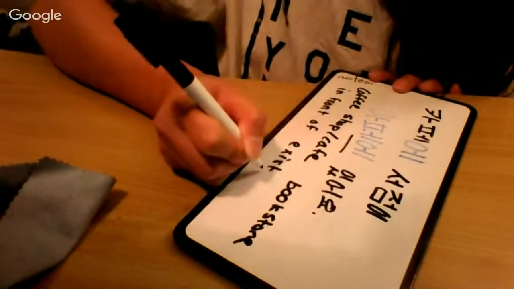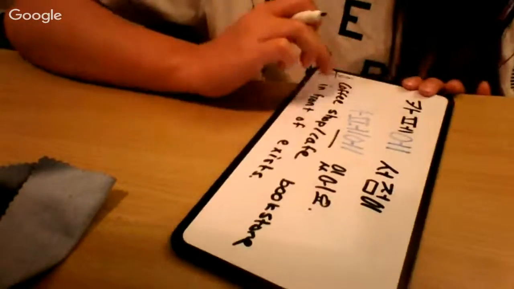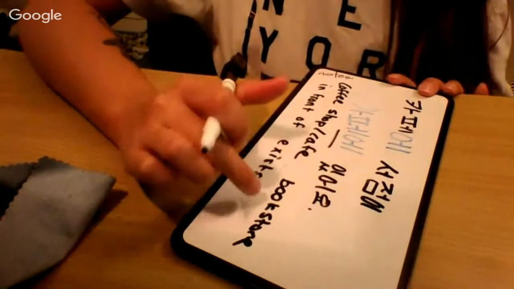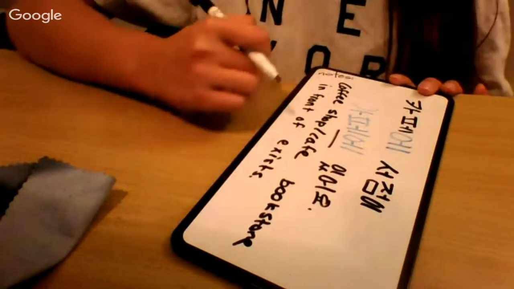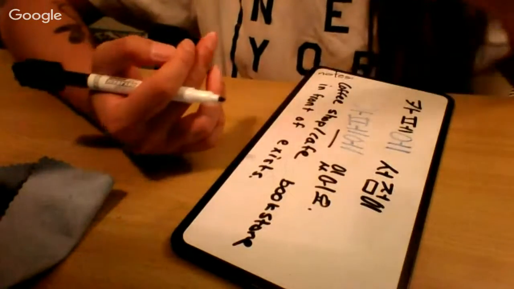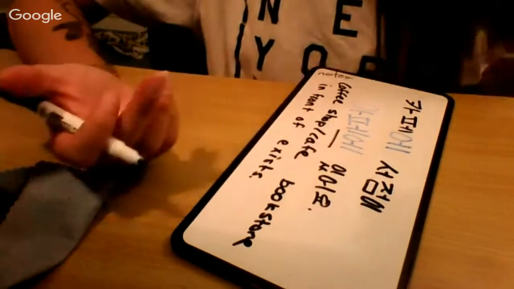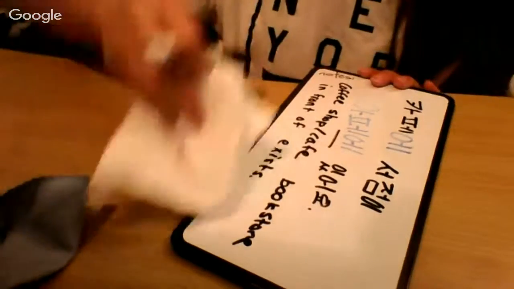It says coffee shop or cafe, bookstore, in front of, exists. If you translate it to correct English grammar, it just says the cafe is in front of the bookstore. Pretty simple, right? Okay.